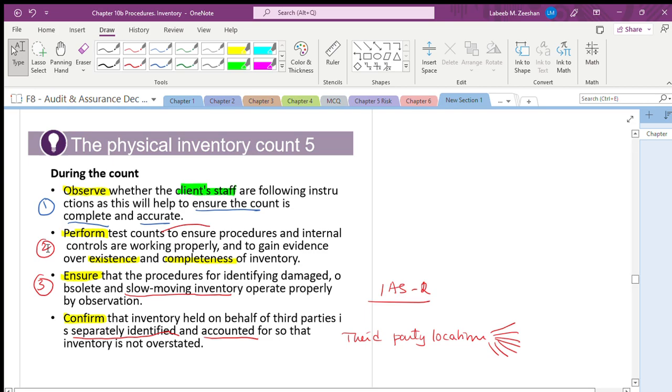So that inventory should neither be overestimated nor underestimated. If you count twice, it will be overestimated. If you are not counting it, it will be underestimated.